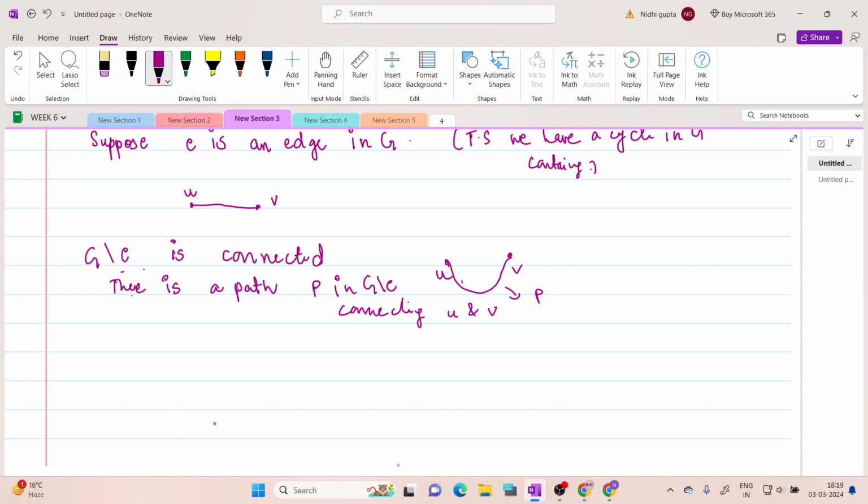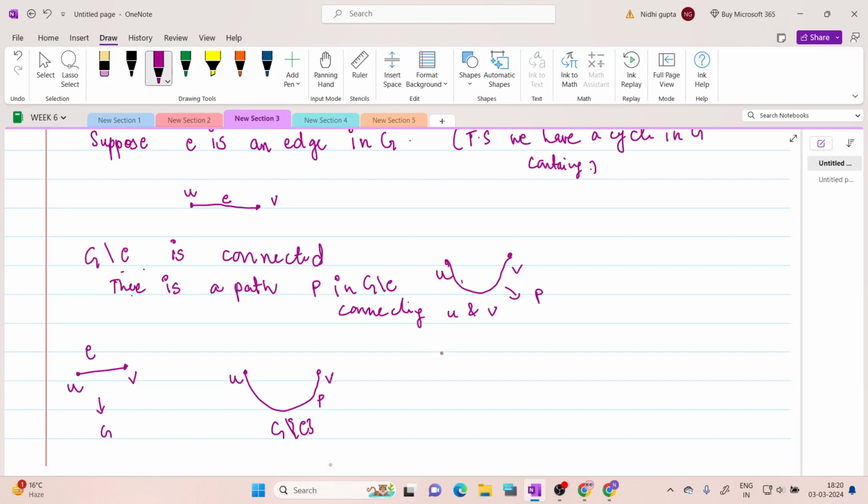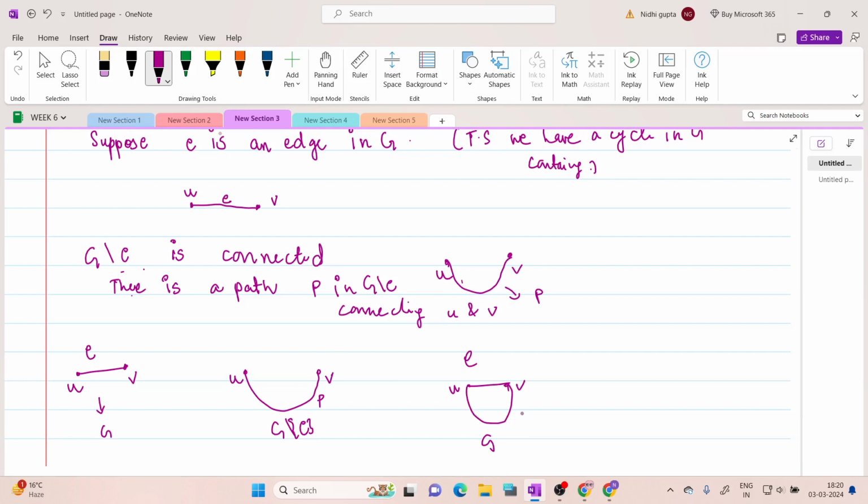Can you see any cycle in G which contains e? e is an edge in G, and there is this path between u and v in G minus e, which we are calling P. Now uv is already an edge in G because we picked it from G, and this path is in G also. So we see that e together with P is a cycle.